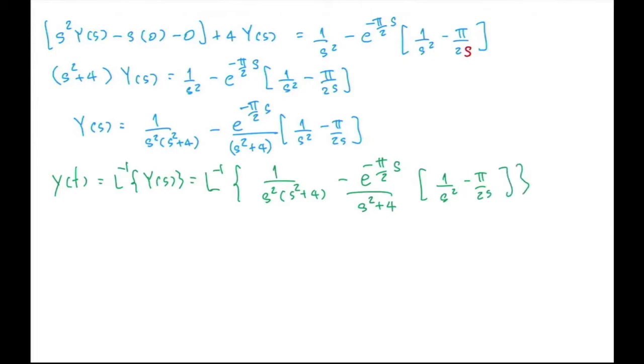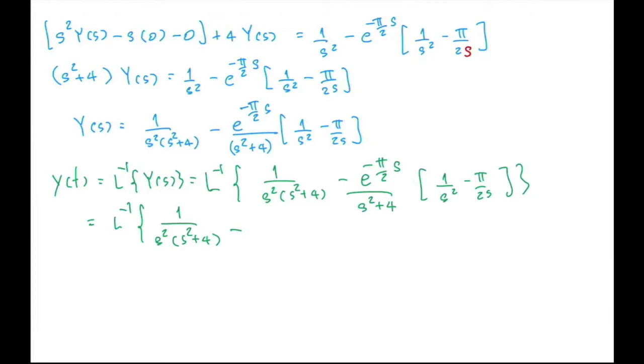Okay, and that is what we need to do. So I will just look at the inverse Laplace transform of 1 over s squared plus 4, and then minus, and then I will just put these things together.